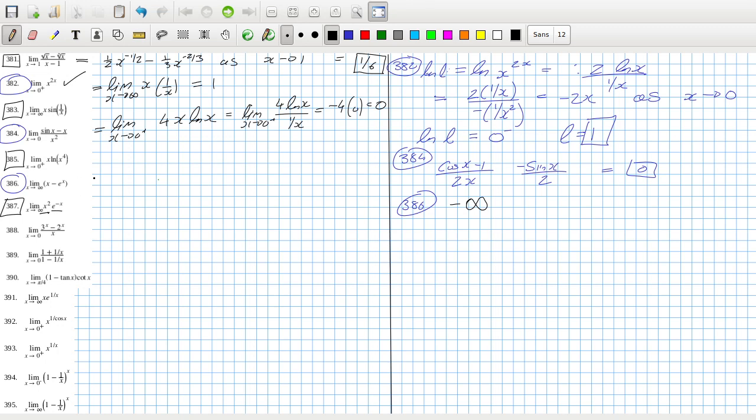But if we want to have a look at that, that would be the limit as x goes to infinity of x squared over e to the x. So L'Hopital it again. That would be e to the x, and that would be 2x. And L'Hopital again, that would be 2. And that would be 0 for this one.